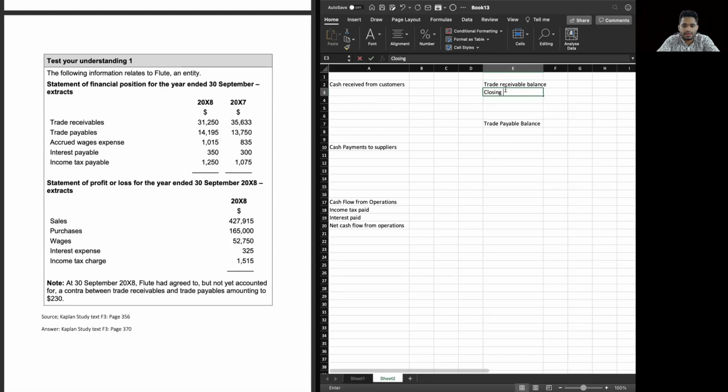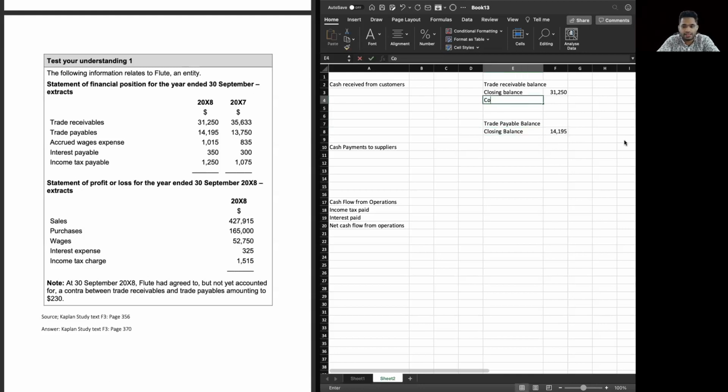So your closing balance on your trade receivables is, sorry, 31,250. And the closing balance of your trade payables is going to be 14,195.